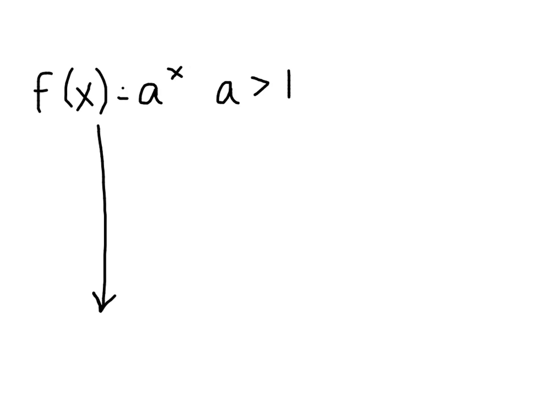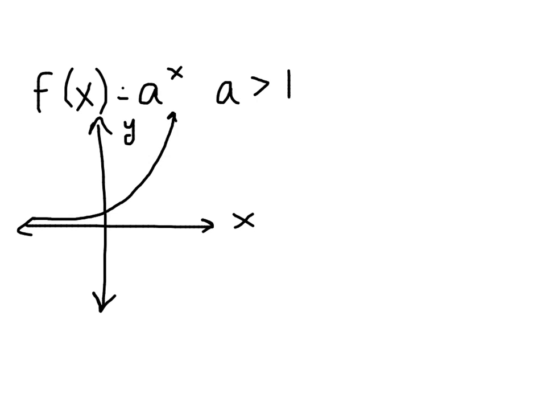So just to give you a rundown on that: if the base is greater than 1, so that's any of your whole numbers or numbers that are higher, like 5 halves, you're going to have a curve that goes like that.